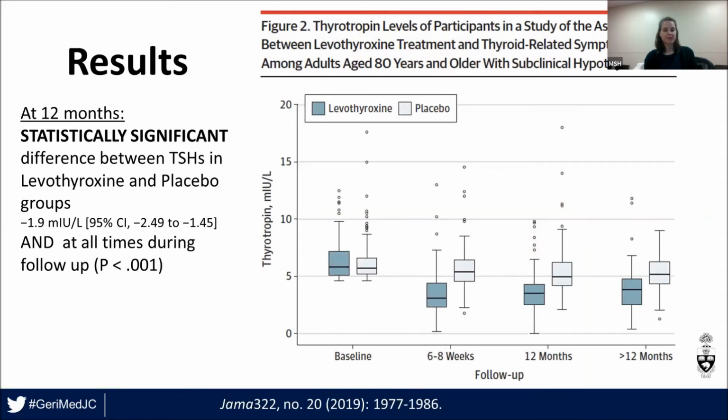And this is a graph. The dark green box represents levothyroxine, and the placebo group is white. And you can see that the white remained relatively stable, and the levothyroxine group is statistically lower TSH.